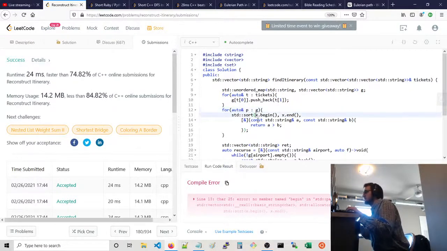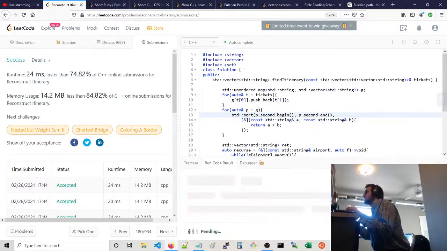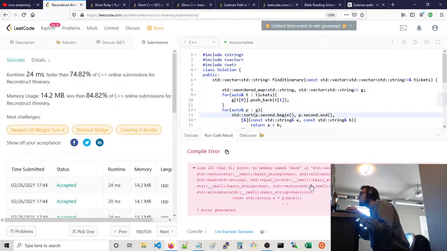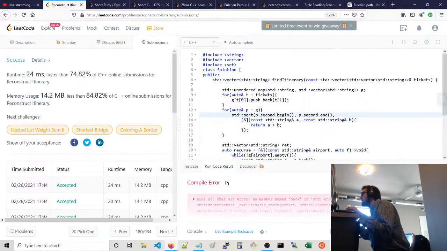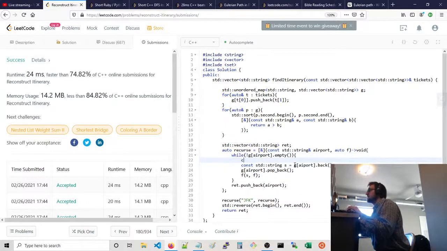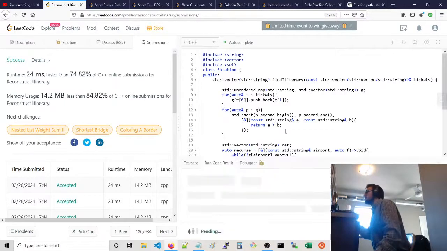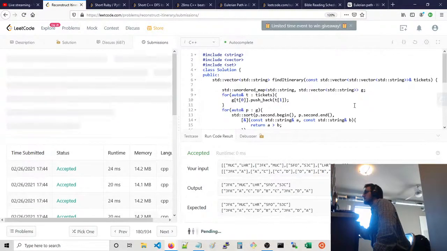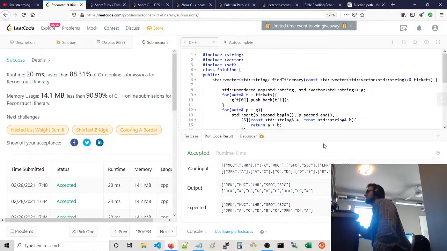Oh, I see. p dot second. That's a little confusing. Not g dot back, it's g of airport. You can also say const or just auto reference x, so you don't need to do multiple accesses. Is that still correct? All right, still right.